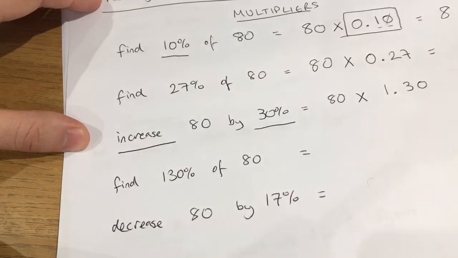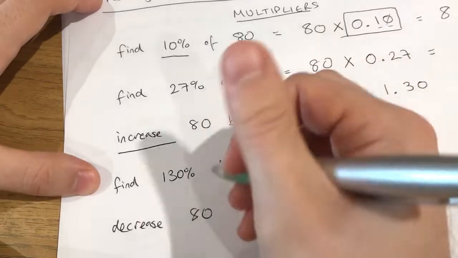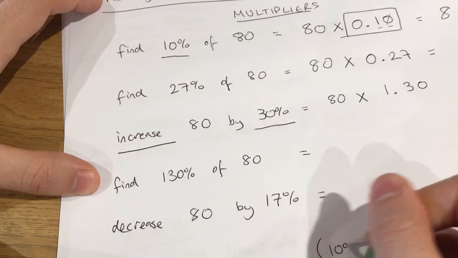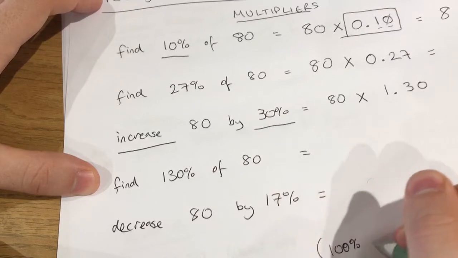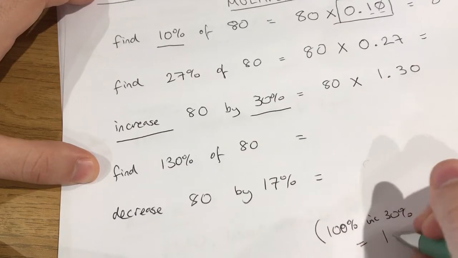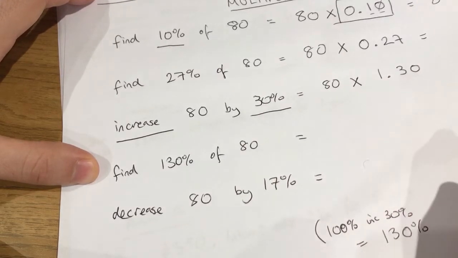And you might be thinking, why is that though? Well, I'll show you. Increasing by 30% is the same as if we had 100% and increased it by 30, that gives us 130%.